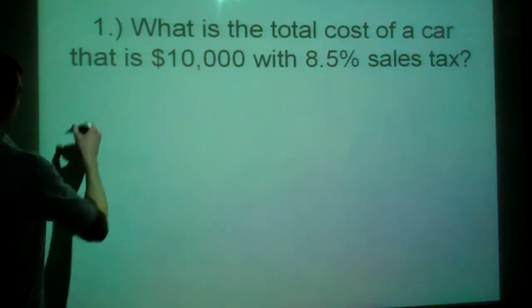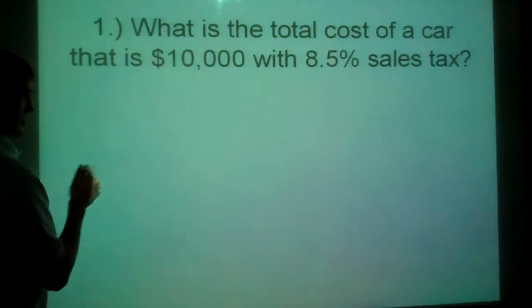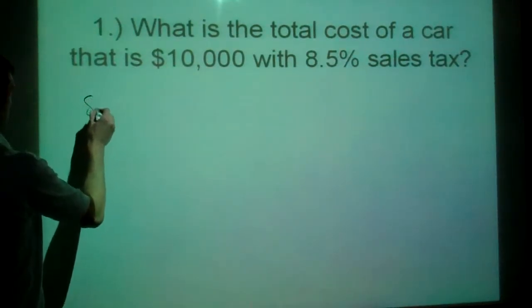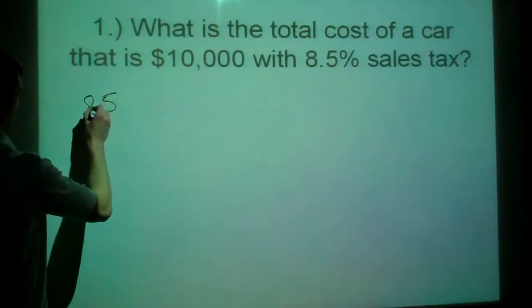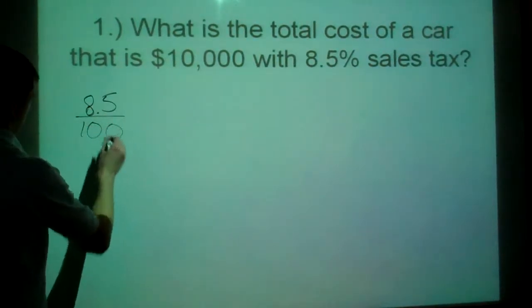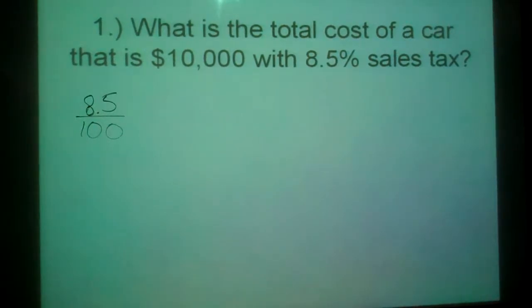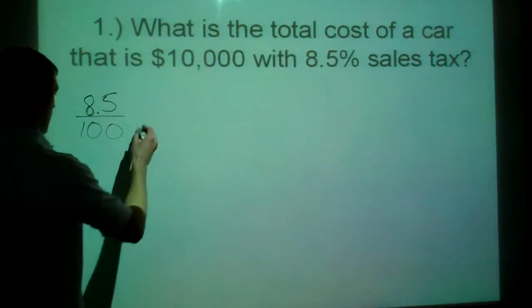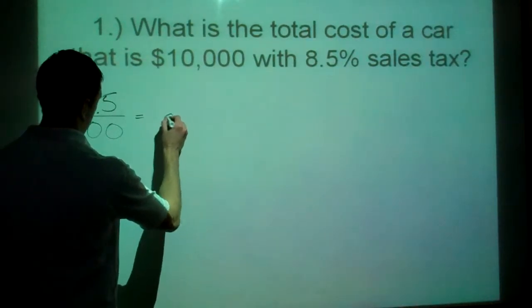So we know that percents are out of 100. So 8.5 out of 100 is how we figure out the decimal there. We could do 8.5 divided by 100, but what we should get for a decimal is 0.085.